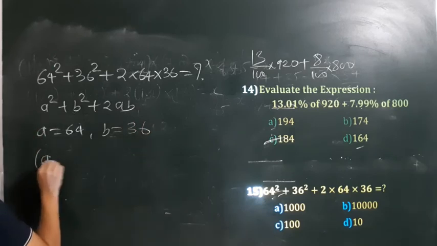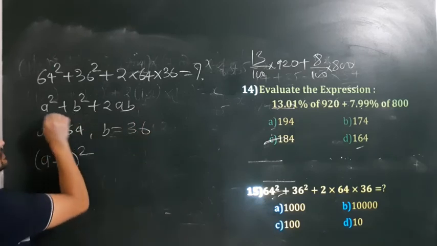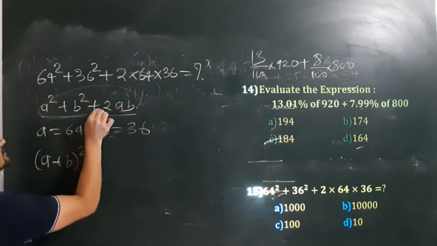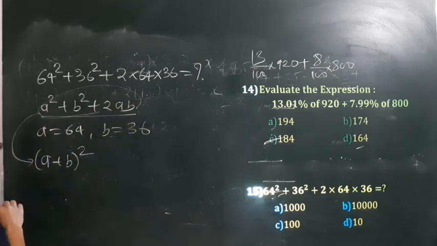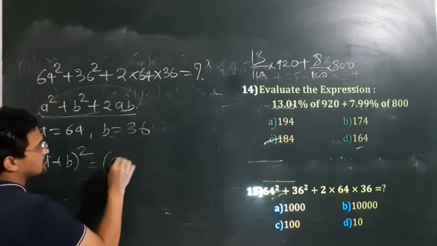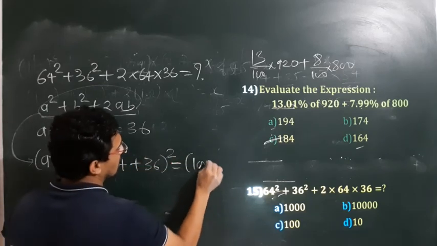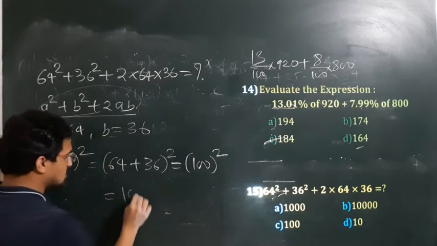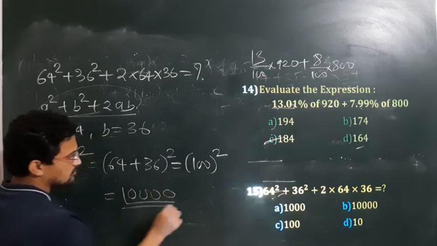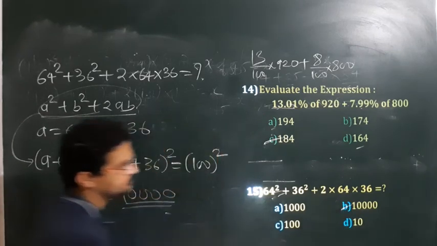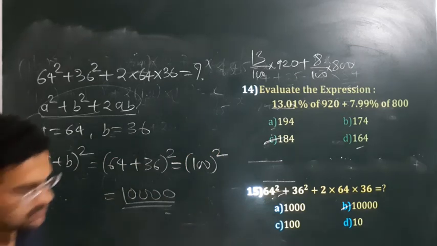We know that (a plus b) the whole square is nothing but this expansion. So this expansion is given, which is exactly equal to (a plus b) the whole square. So it can be written as (64 plus 36) the whole square, which is nothing but 100 square. 100 square is nothing but 10,000. Answer B.